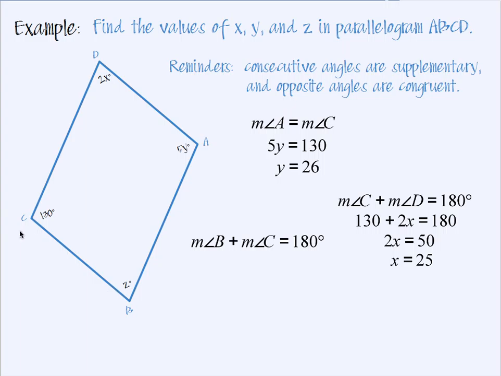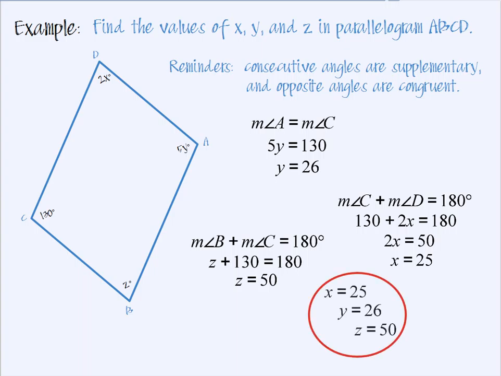So the measure of angle C added to the measure of angle B is going to equal 180 degrees. So I'm going to put in z for angle B and 130 for angle C. And subtracting both sides by 130, I get z is equal to 50. Now I've solved for all three variables.